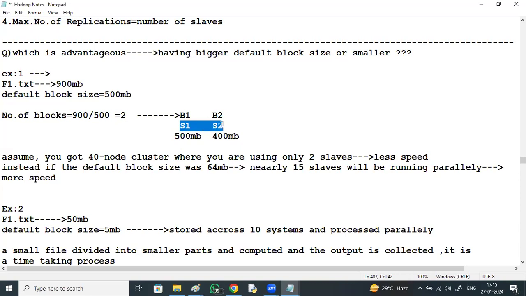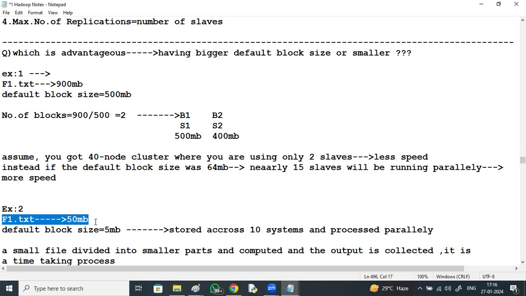Only 2 systems run parallelly. If more systems ran parallelly, you would have achieved more speed. But if I keep 900 MB as the default block size, only one system is executing the entire data. So what is the drawback of bigger block size? Understood, everyone? Why is Hadoop keeping 128 MB as the default block size? Someone said just before, if we keep a smaller block size, it may be advantageous. Okay, we'll take an example on smaller, a file of 50 MB.